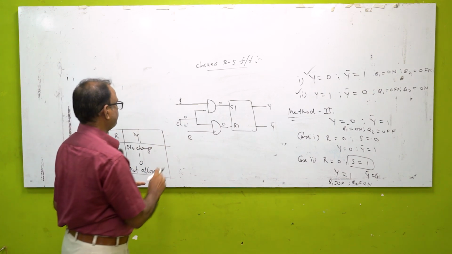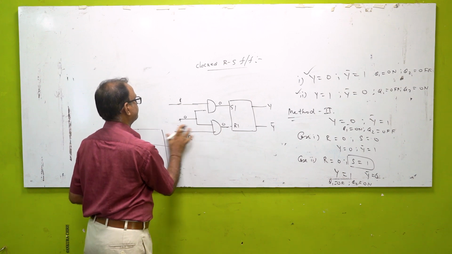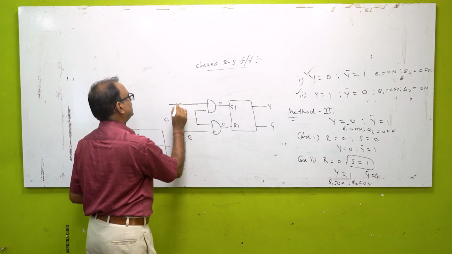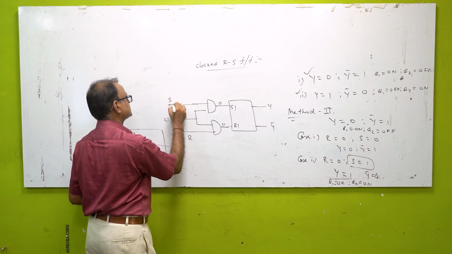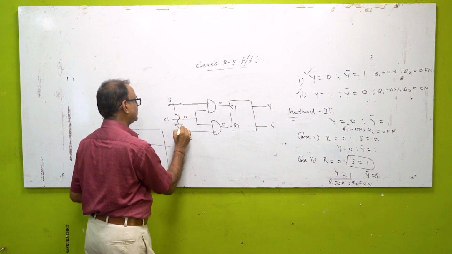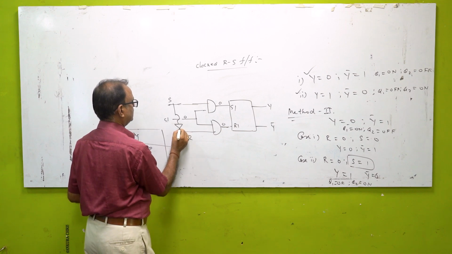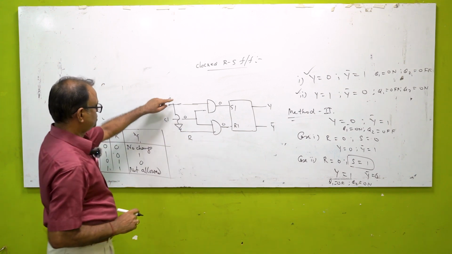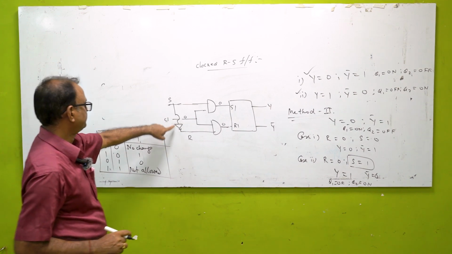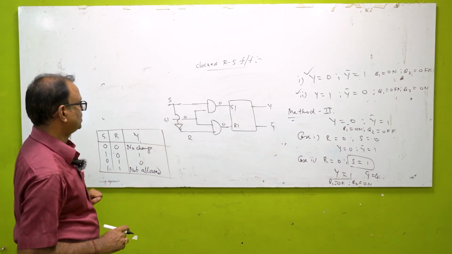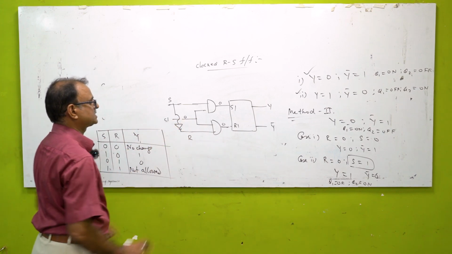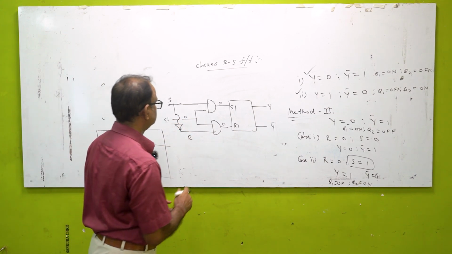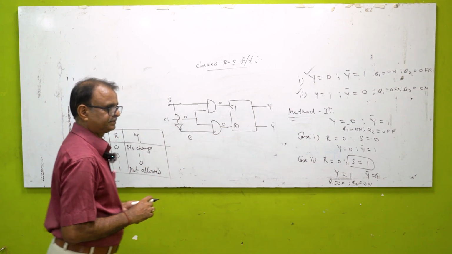In a D flip-flop, S and R are joined together through a NOT gate. S and R are joined together through a NOT gate. The remaining circuitry is the same as before. Now see what is the functioning of this D flip-flop. Why is it called a delayed flip-flop?